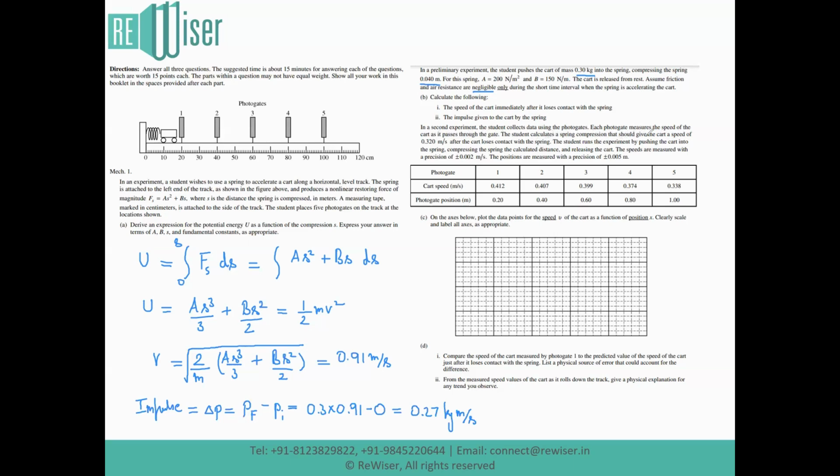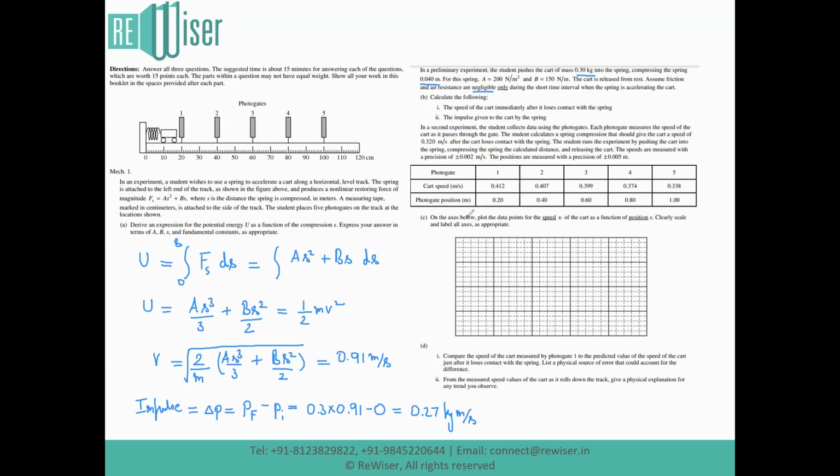The student runs the experiment by pushing the cart into the spring, compressing the spring, and thus converting the elastic potential energy in the spring into the kinetic energy of the cart. The speeds are measured with a precision of plus or minus 0.2 meters per second. The positions are measured with a precision of plus or minus 0.005 meter. So here the uncertainties are also given.